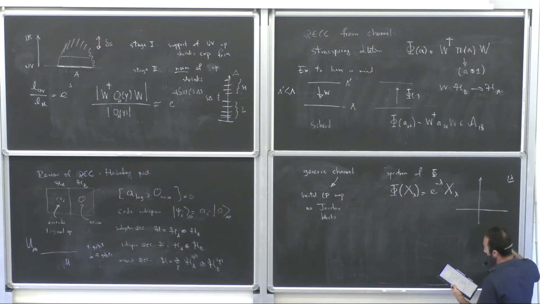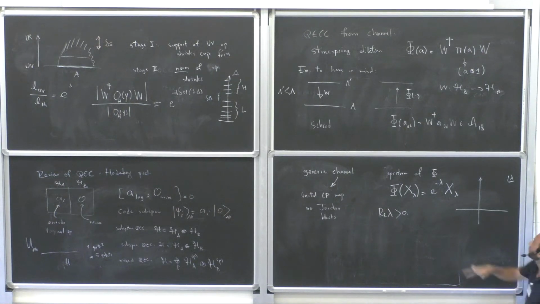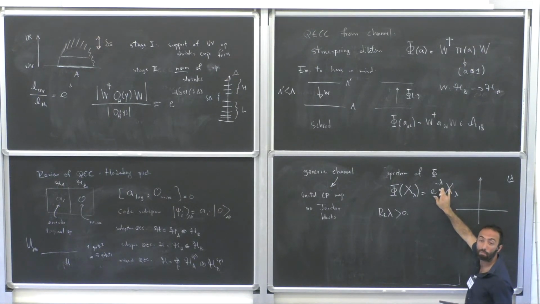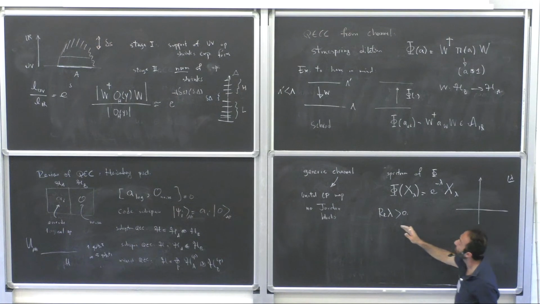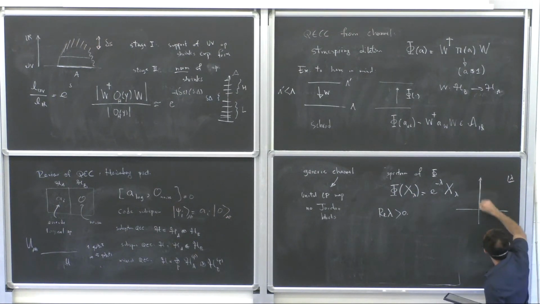So the real part of lambda is larger than 0. This is important. The norm of this complex number, e to minus lambda, has to be less than 1. It's just because of the fact that W is an isometry in that language. So the spectrum is like to this side.